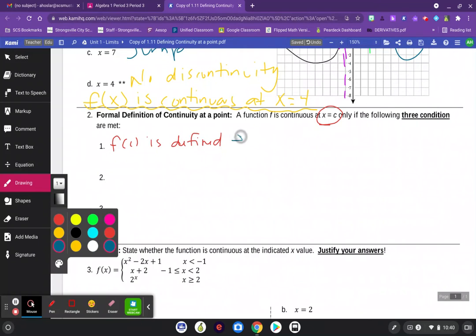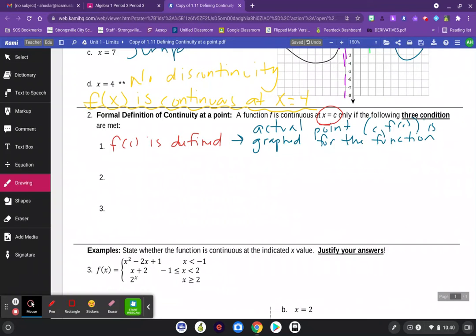And what that means is that the actual point, the ordered pair c comma f of c, is graphed for the curve. In other words, if I put the x value into the function, I get an actual numerical value out. There is a point that can be plotted. Okay, so that point has to be defined.